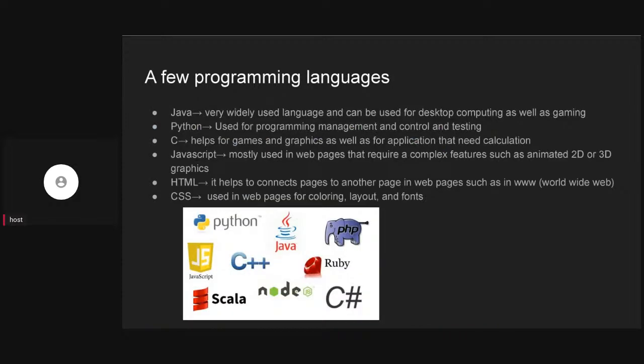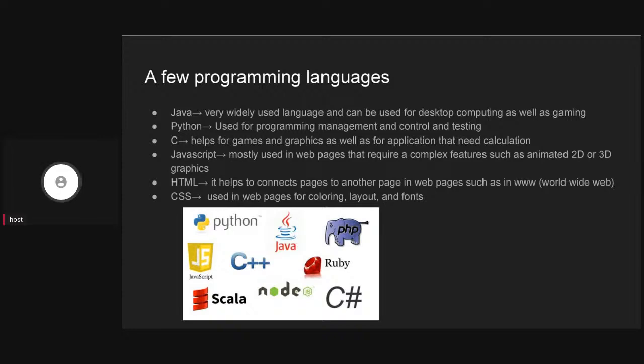So there are a few programming languages that I'm going to talk about. First one is Java. This is a very widely known and used language, and can be used for gaming, desktop computing, and I think it's mostly also taught in many colleges and universities.